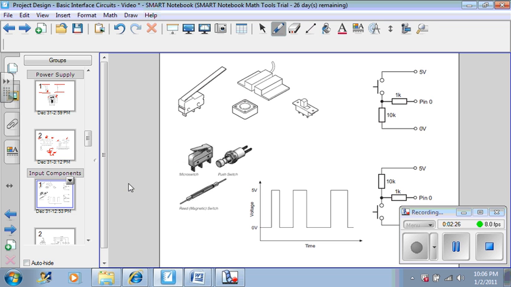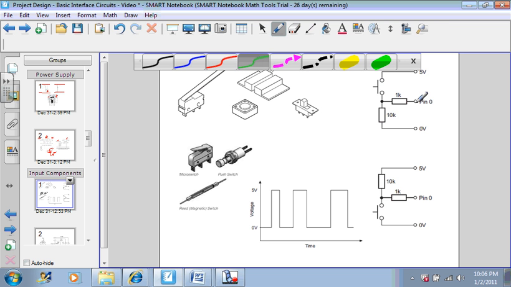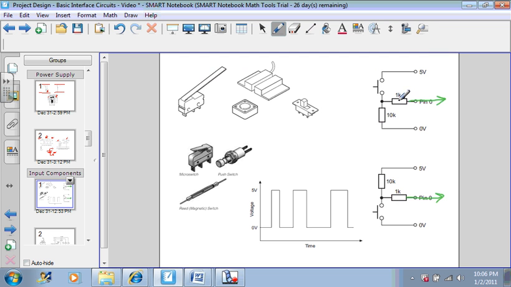Moving on to input components. Here are some examples of some circuits you can use for switches. And the signal would come to your microcontroller from here. This is called an active high and this is called an active low configuration.